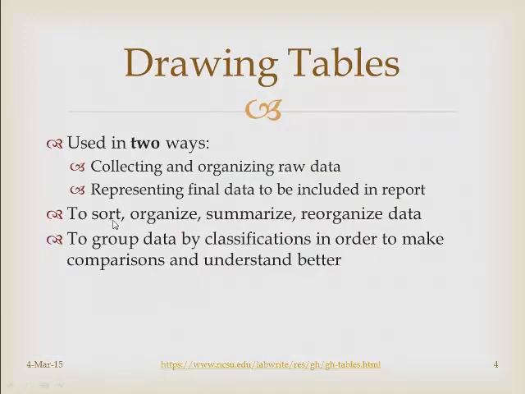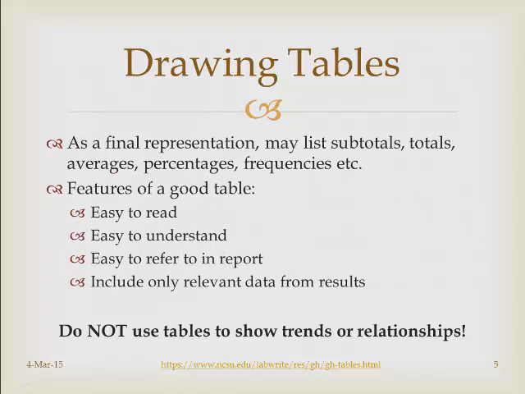So the tables are to sort, to organize, to summarize, and reorganize your data. And you want to group your data by classifications in order to make comparisons. When you group them together in the form of a table, you're able to compare and you're able to understand your data better.